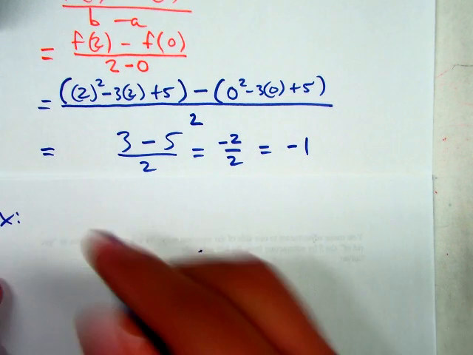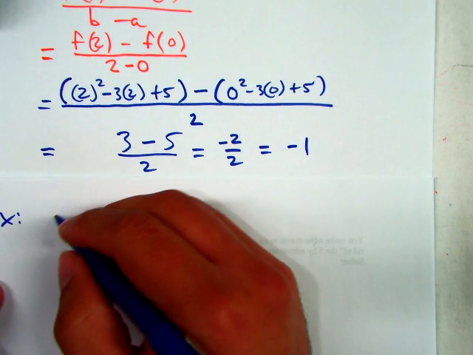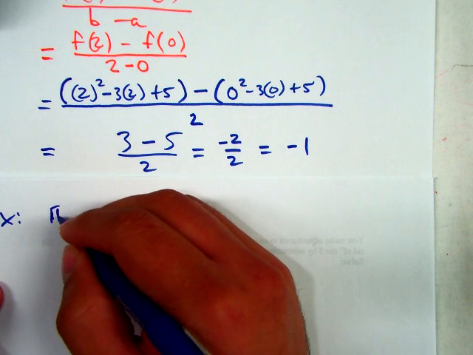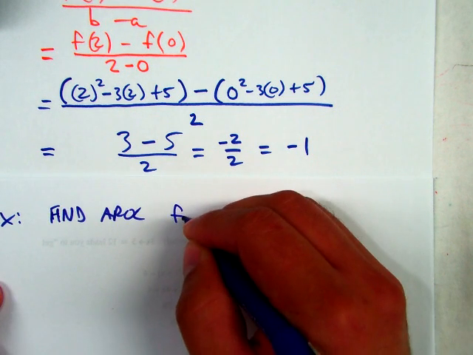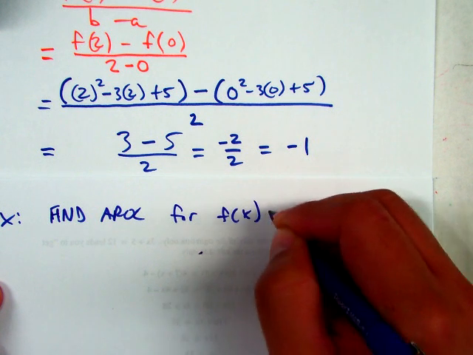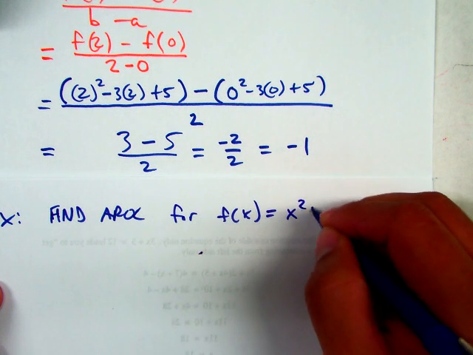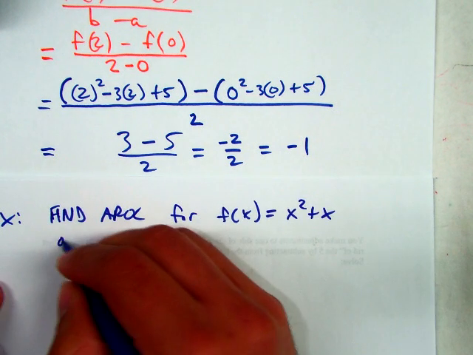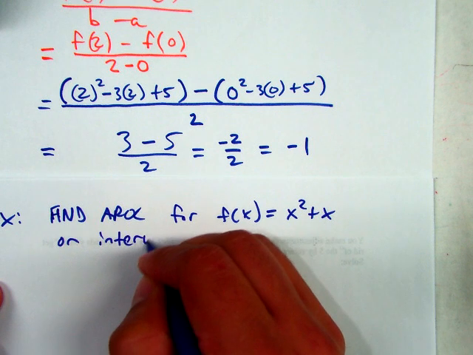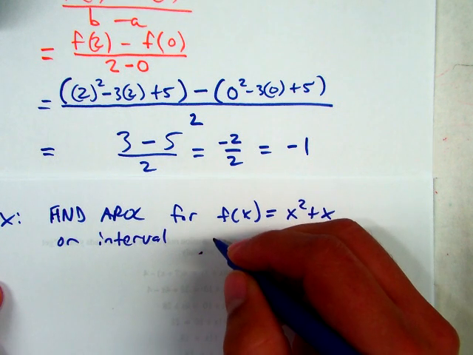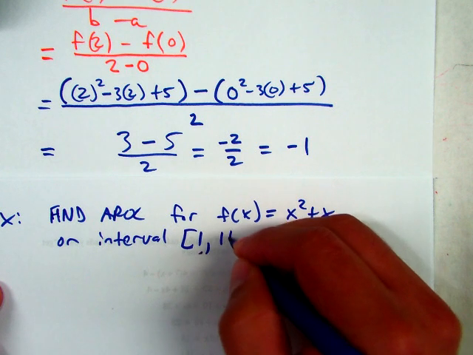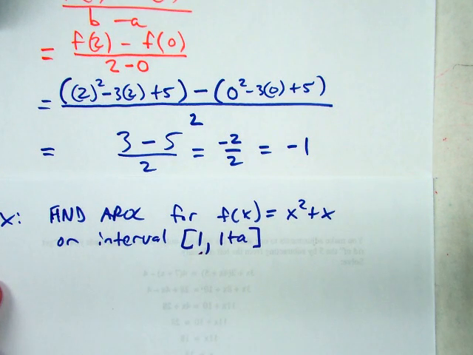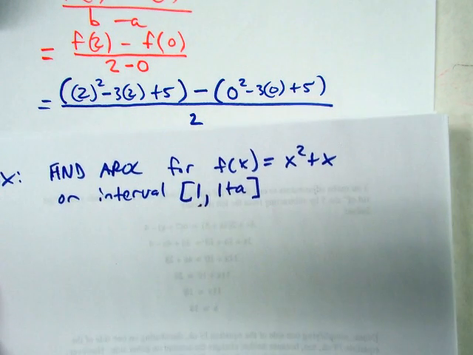Let's say we have, again, find average rate of change for f of x, and let's say f of x this time is x squared plus x, and the interval is not just the numerical interval, but let's say I go from 1 to 1 plus a. It's not that hard.